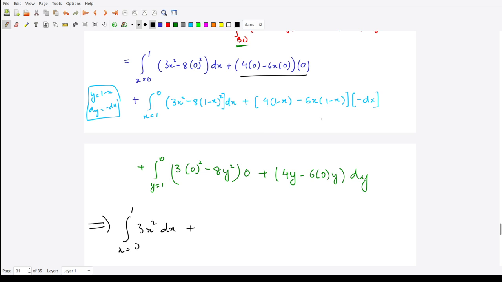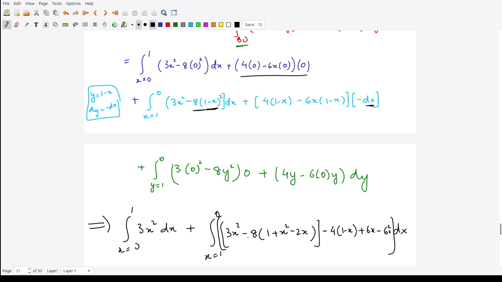For the second quantity, we have to look for the quantities. Here x varies from 1 to 0. We have 3x square. Here you can open up the brackets, so it would be minus 8 into 1 plus x square minus 2x into dx, and here also we have dx, so we can write dx and then minus of all these quantities, so minus 4 into 1 minus x, then plus 6x, and this minus and minus, we have minus 6x square.